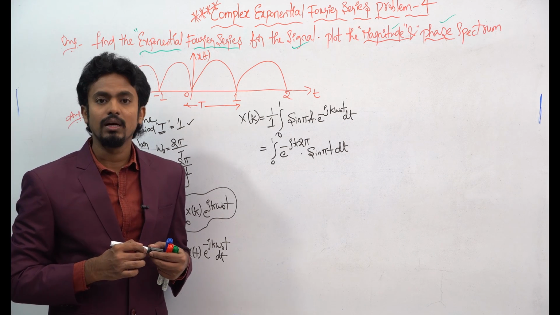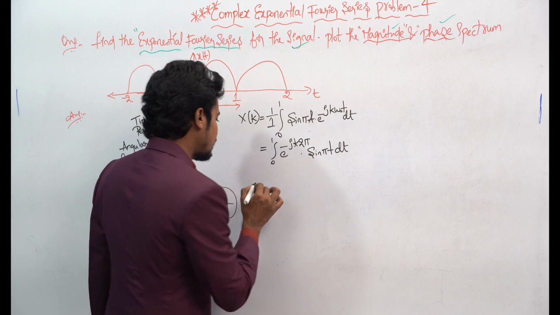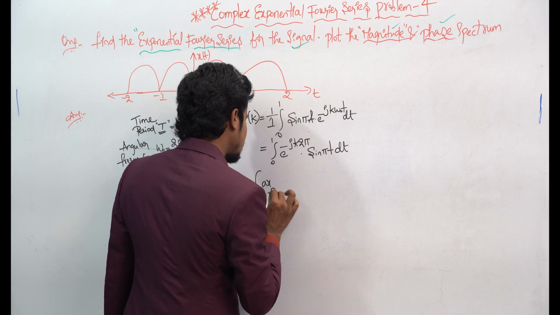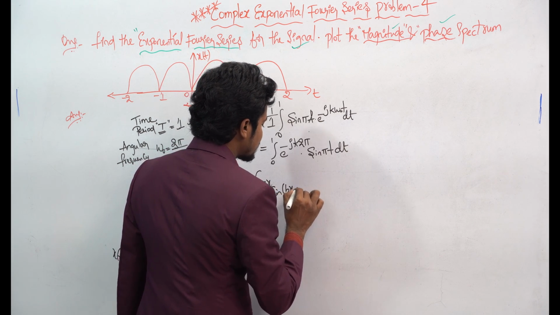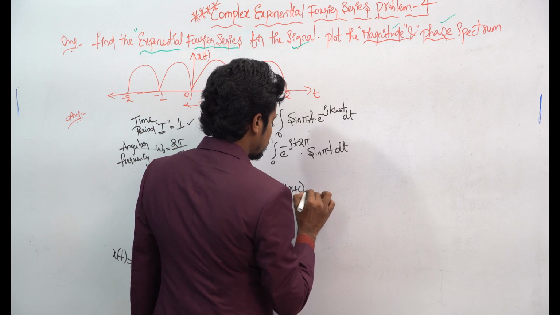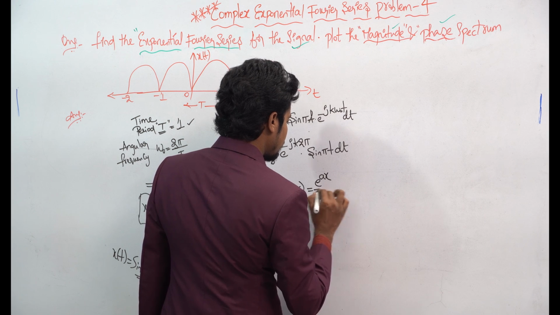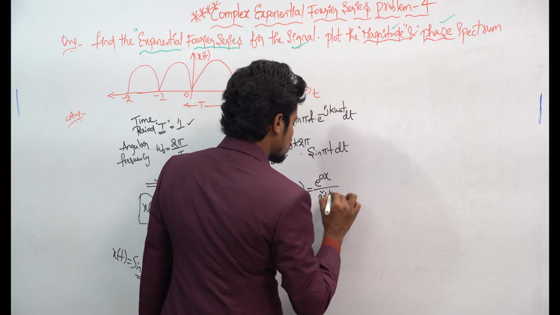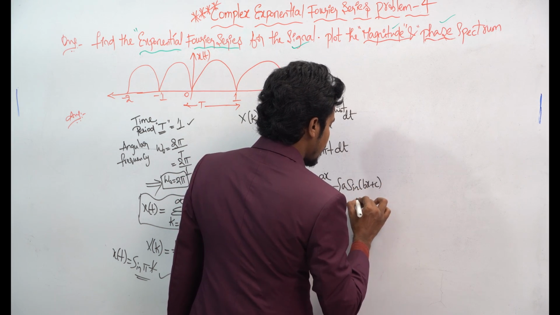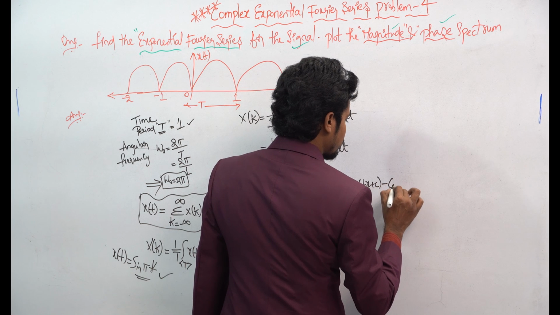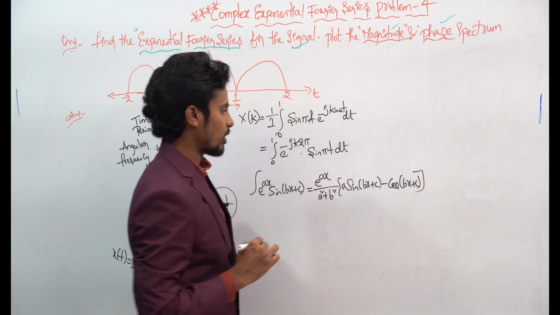From the calculus point of view, we have the direct formula: the integration of e power ax into sin of bx plus c is equal to e power ax divided by a square plus b square into a sin of bx plus c minus b cos of bx plus c. So this was the formula.